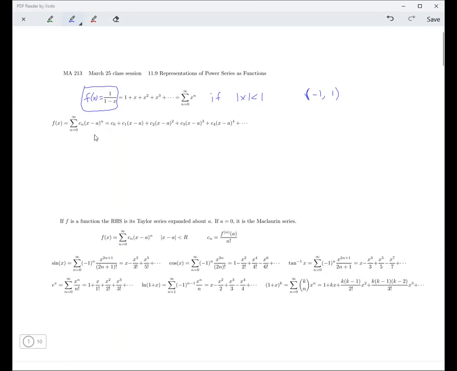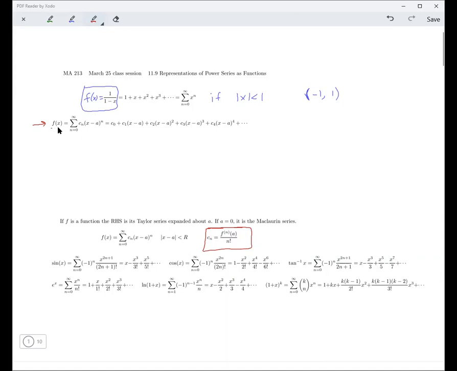Now, generally, let's say that you had a function and you want to figure this out. So how do they come up with all these? Well, one way is by using this formula right here. Let me show you briefly how that works, because sometimes it's faster to just do it this way.